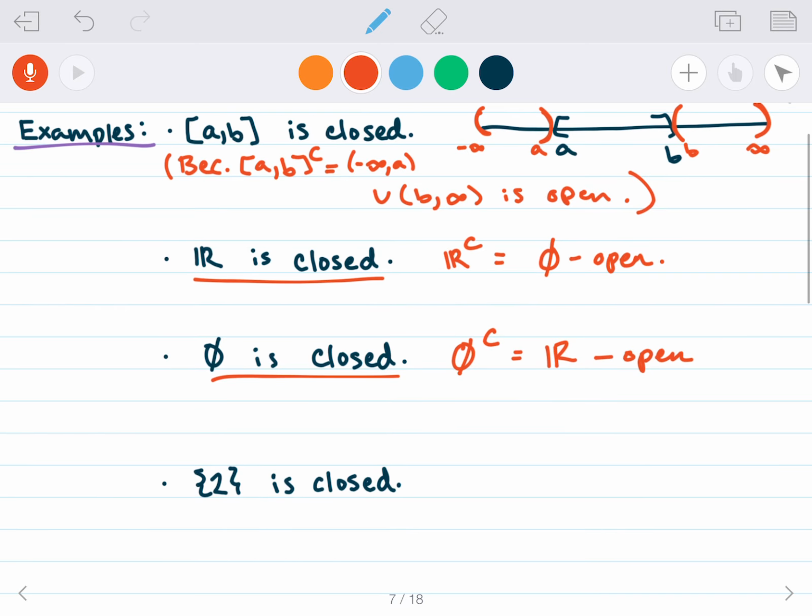Okay, the single point 2 is closed. In fact, any finite set is closed, which we'll see in just a bit. And that's because the complement is open.